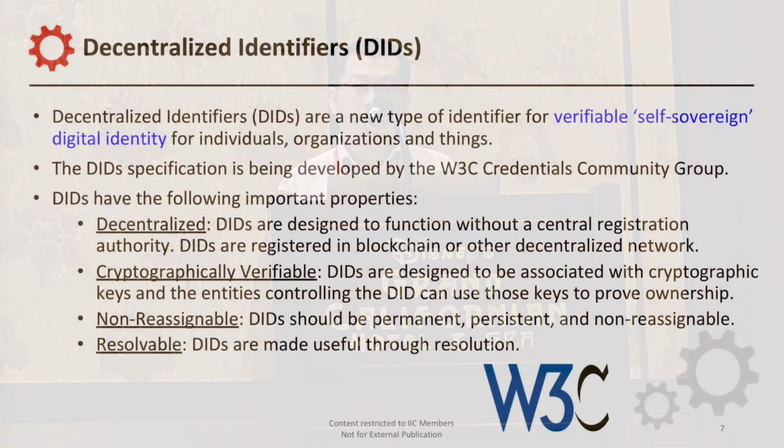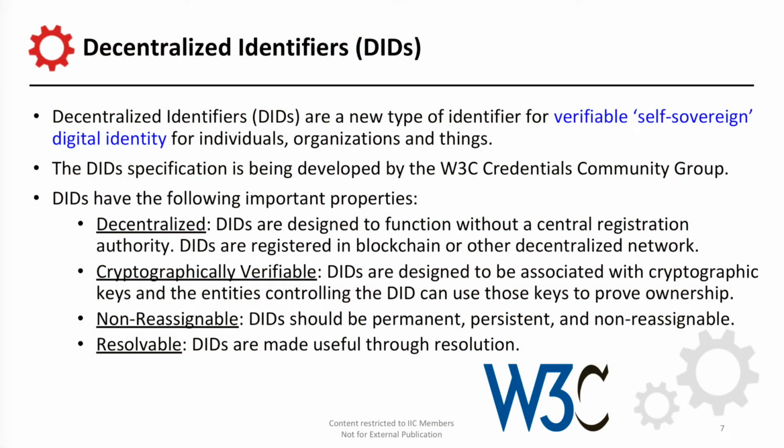For self-sovereign identities, the concept we will explain more here is decentralized identifiers, which is a new type of identifier for verifiable self-sovereign digital identities. These identifiers will cover all the use cases for individuals, for the Internet of Things, and for organizations. Basically, it's a very broad concept, trying to associate identifiers with all the different types of entities when they come into the decentralized world.